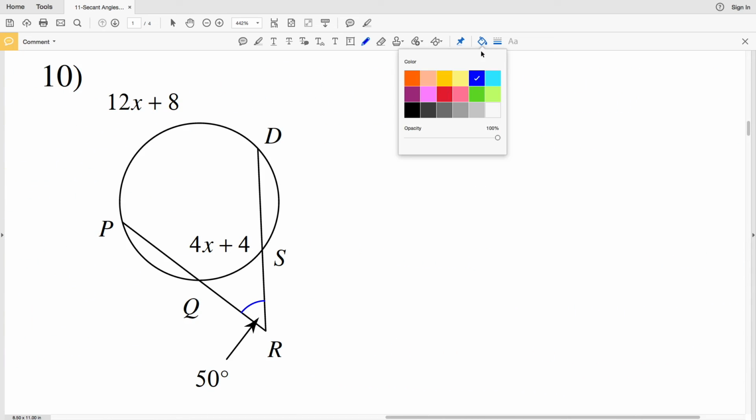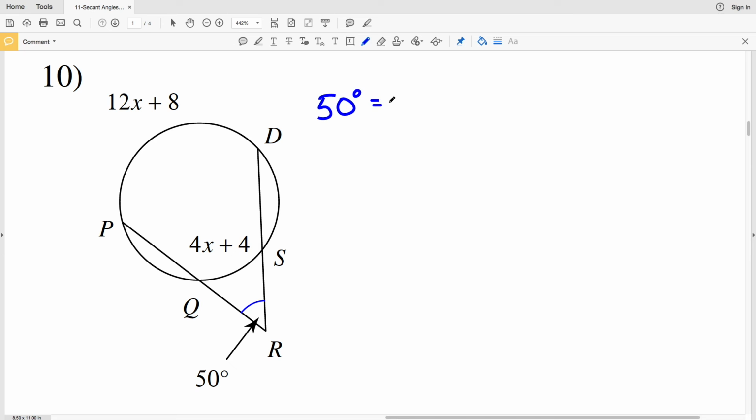Moving on to number 10, you can see that our intersection of secants occurs outside of the circle. Therefore, that measurement of 50 degrees is going to equal half of the difference of the arcs. So that's the larger arc PD of 12x plus 8 minus the smaller arc QS of 4x plus 4.